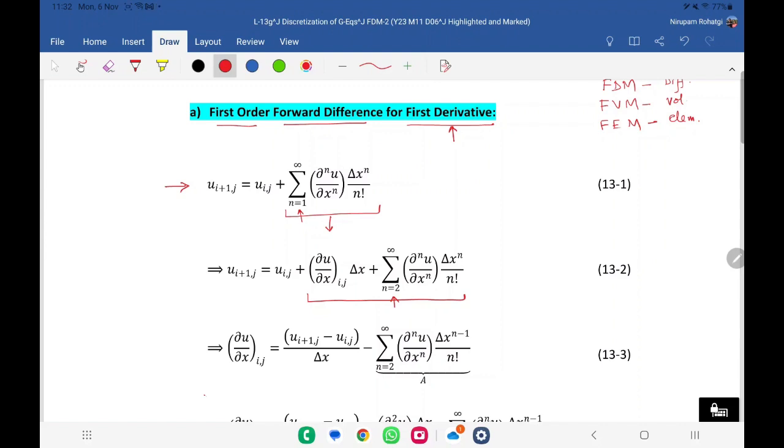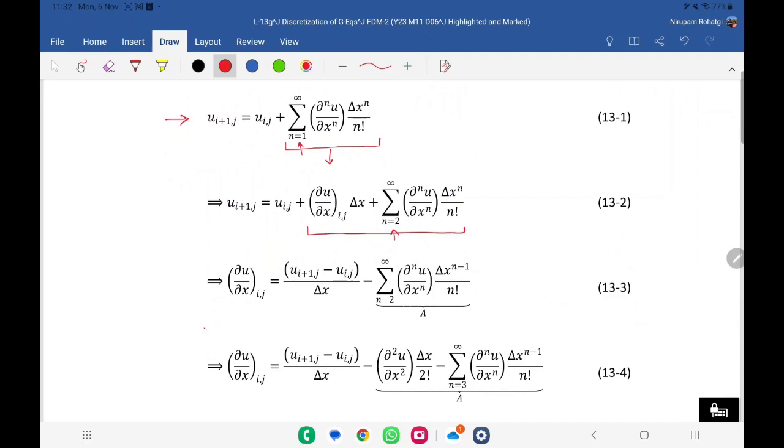Now if you look at this, this term we take out here and this we take out here. So we are just doing algebraic jugglery. In the Taylor series, you take the first term out, and then you do this. So you can write this derivative here like this.